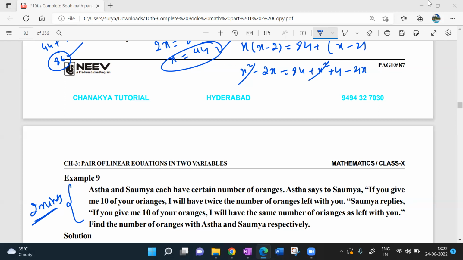How many have you done this, guys? Sir, I got Astha 50 and Soumya 70. Okay, no problem. We'll see which is correct, which is wrong.